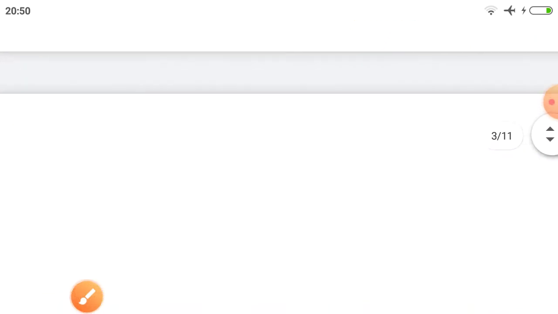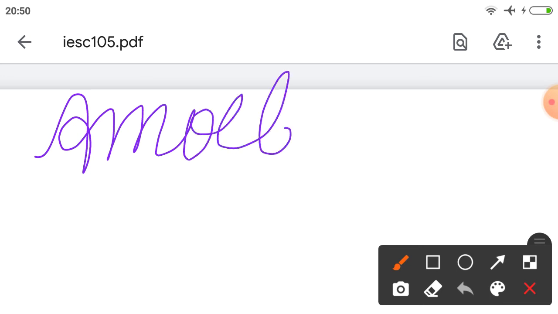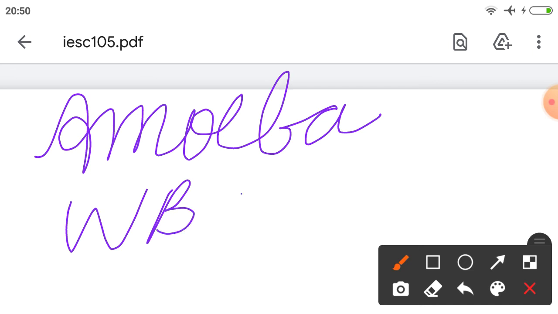So in this paragraph it is told that amoeba is an irregular shaped organism. WBC is also an irregular shaped cell, not organism, cell. And different cells have different shapes according to their functions.